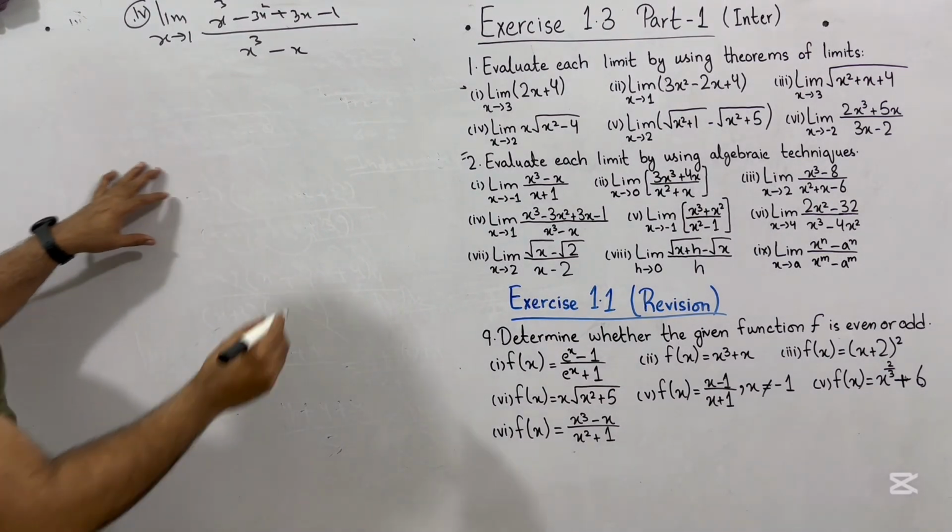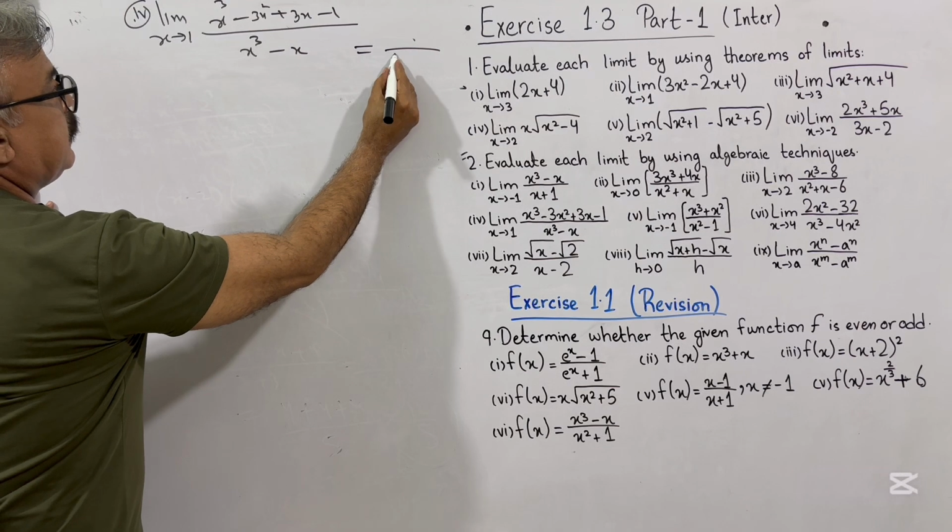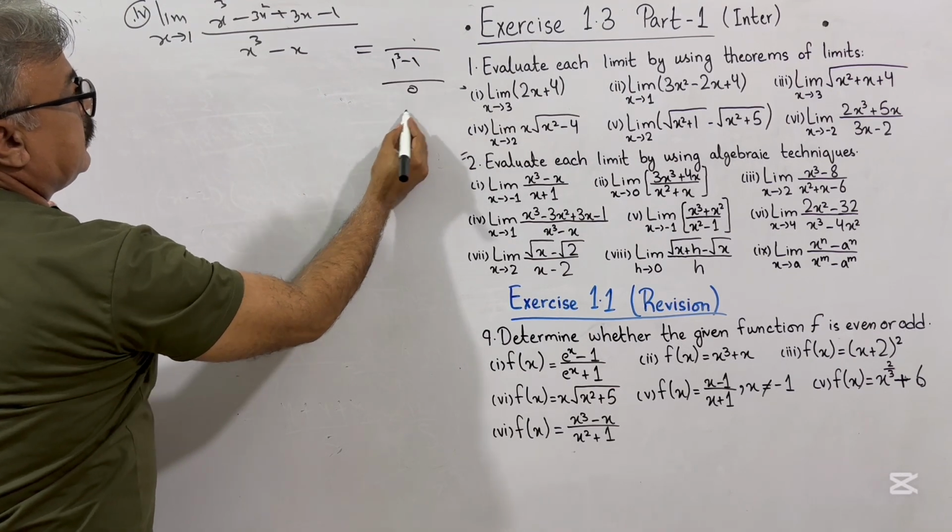Question number 4 it is. Put the direct limit in the denominator and check. X is approaching 1, cube minus 1. So definitely it is 0.